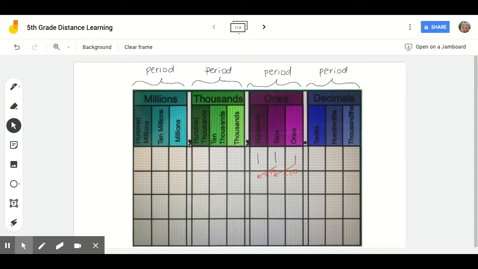All right, so let's check this part out. How many $1 bills would you need to make $100? Well, you'd need to count out 100 of them, right? So maybe you even noticed that 10 times 10 is actually 100.